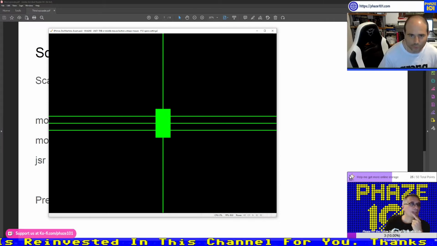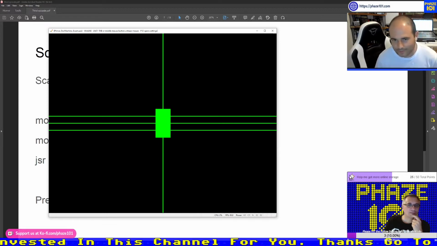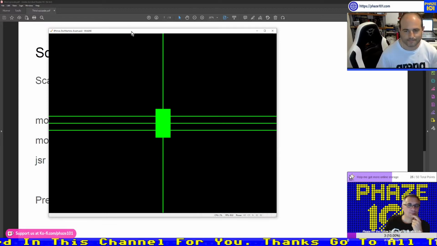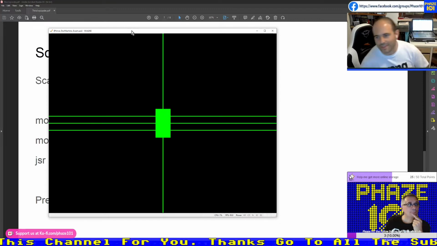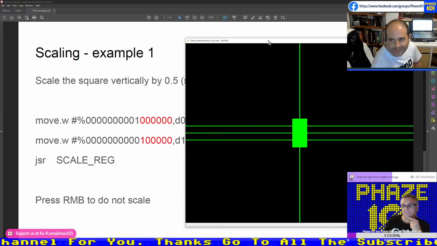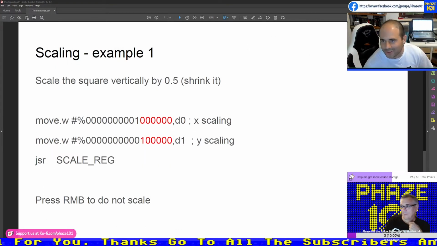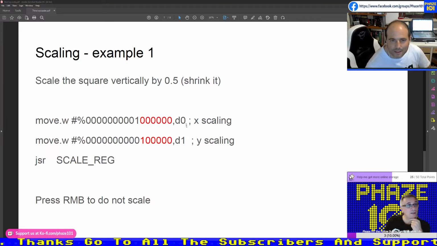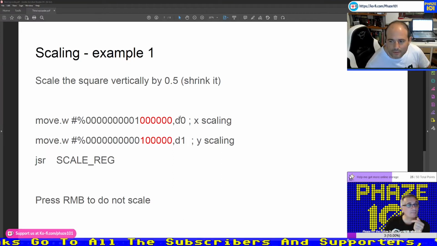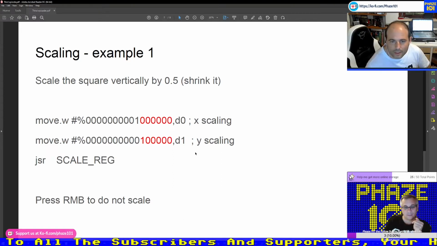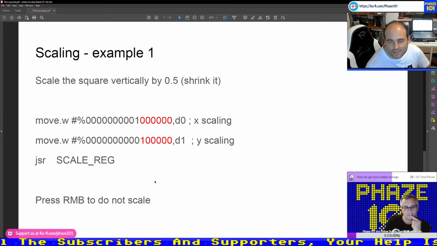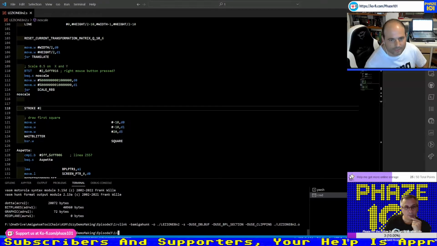So this is how it works. Nothing exceptional, but I'm glad it worked. Do you want me to pass to the second example or to the slide? Just go to the second example.